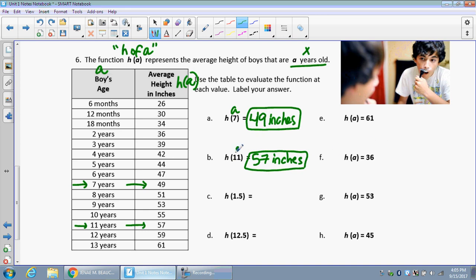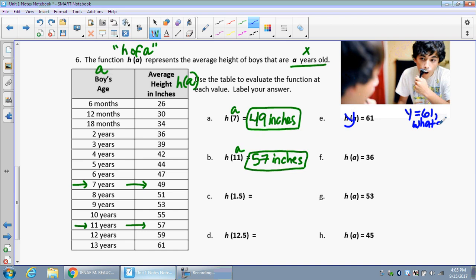And again, h of a, I was given a value for a. But now if I look at E and F over here, this is a little different. It says h of a equals 61. So this is giving me a value for y. Mentally see h of a as y. So it's saying y equals 61.